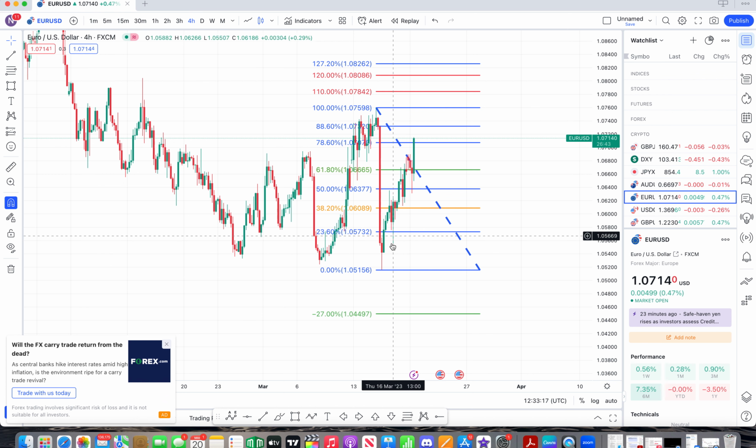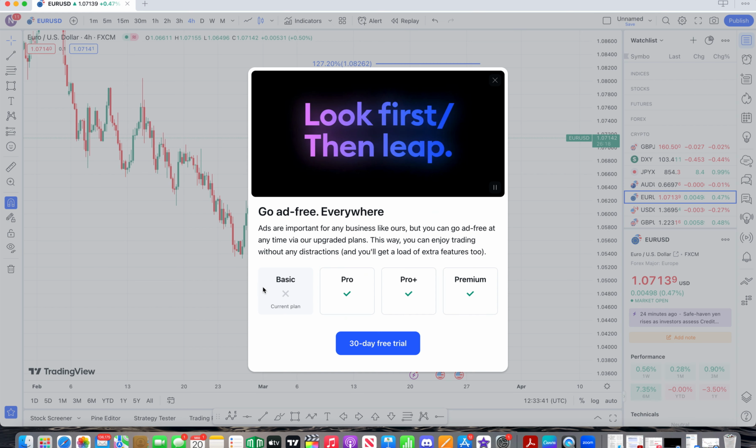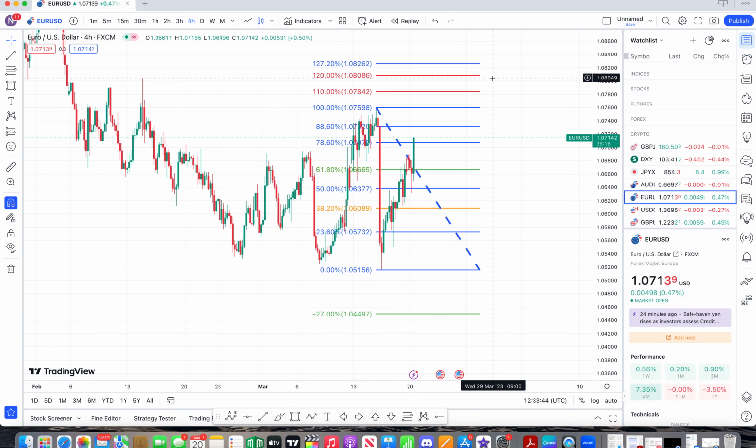It came all the way down, did not respect that level of 38.2, went all the way down to 23.6, bounced off of 38.2, then bounced off of 50%, then bounced off of 61.1% or 61.8. This is why I don't use it, because it bounced off all three levels and continued to keep going. That is a very bad indication that this tool will help you in any sort.